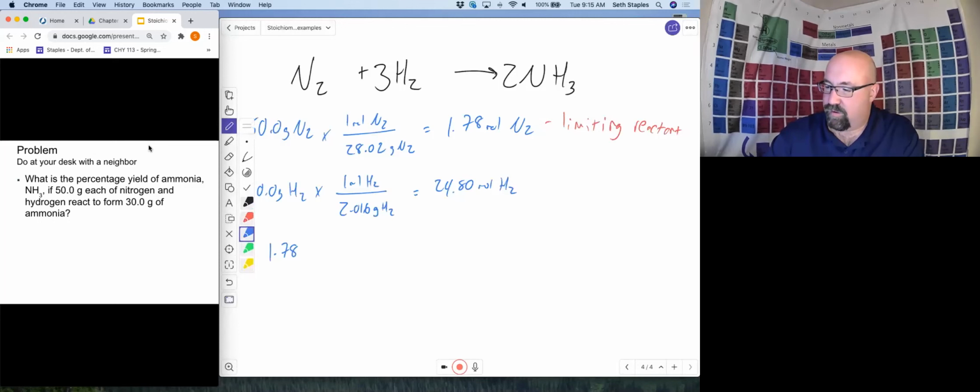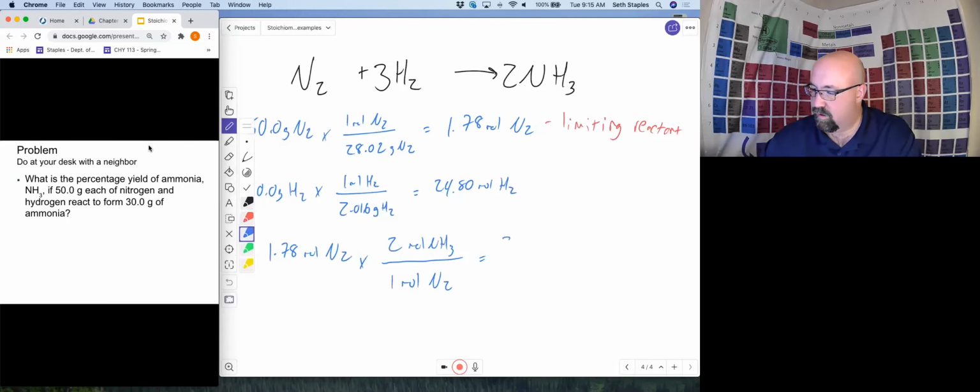So we know that we have 1.78 moles of N2. We look at our molar ratio, we produce 2 moles of NH3 per every 1 mole of N2 that we start with. 1.78 times 2 means that we're going to produce 3.56 moles of NH3.